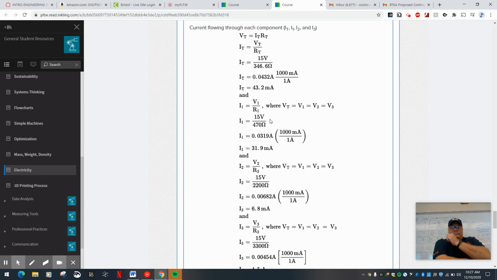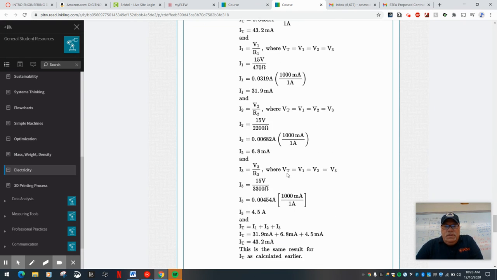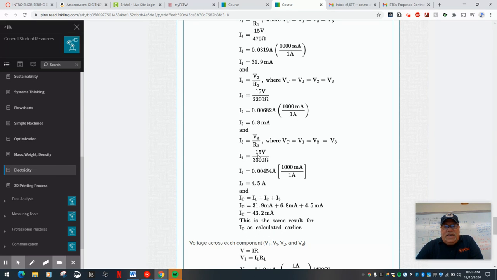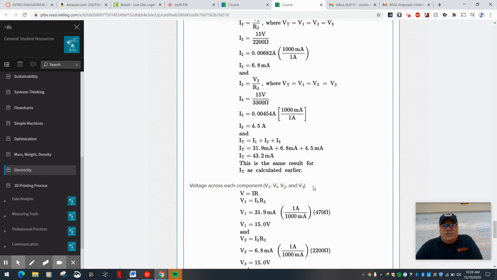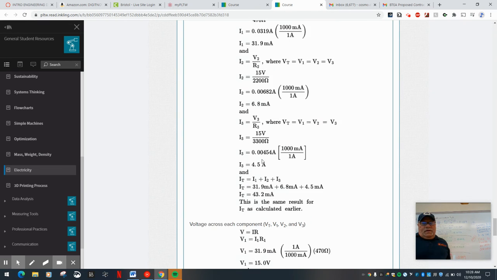I1, the current at component 1, is 31.9 milliamps. The current at component 2 is 6.8 milliamps. And the current at component 3 is 4.5 milliamps. And if we add those all together, we should come up with the total current that we came up with up here.